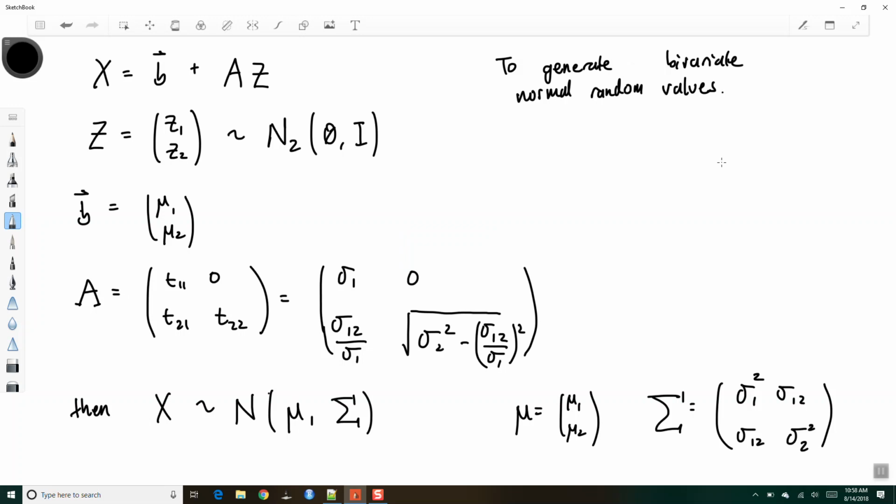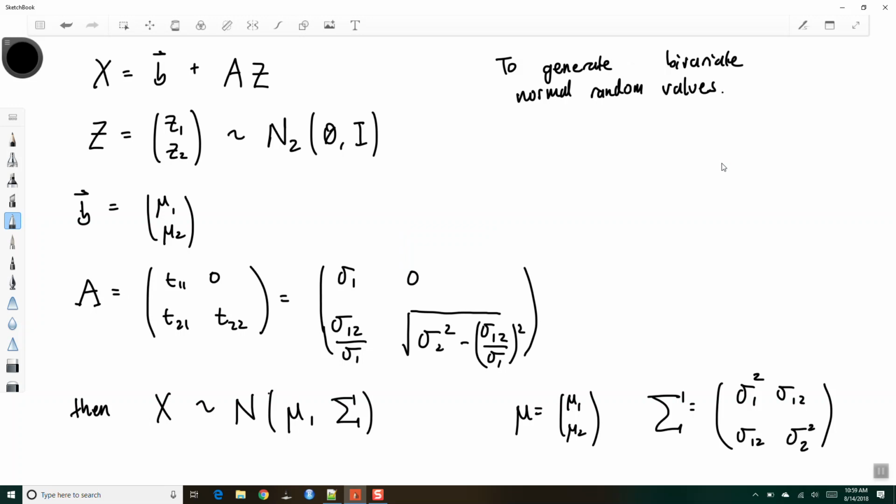Okay, so if we can generate independent normal random values, z, then we can generate bivariate normal random values that have some kind of covariance, by applying a kind of transformation to the independent random normal variables. All right, is this okay?